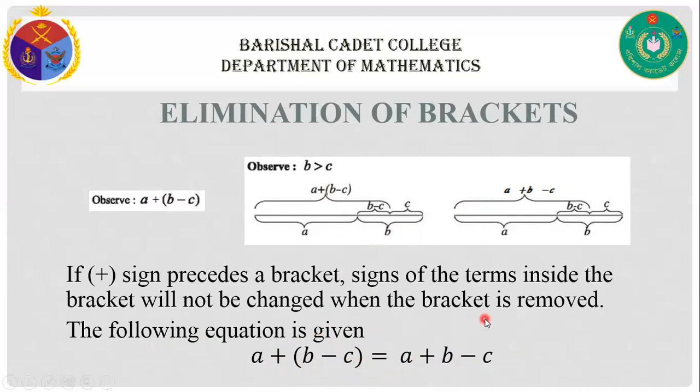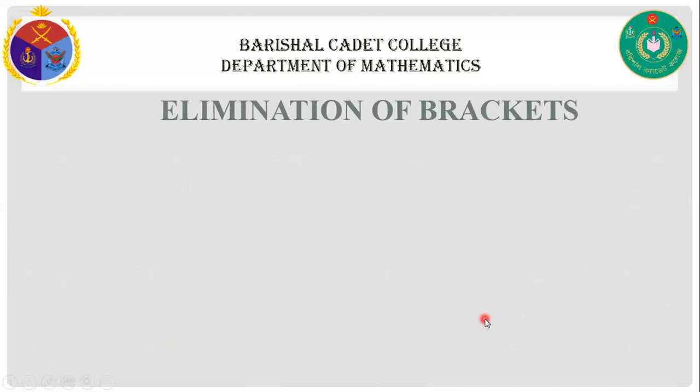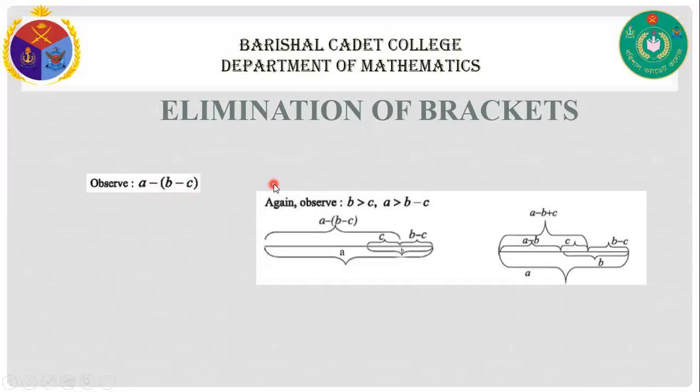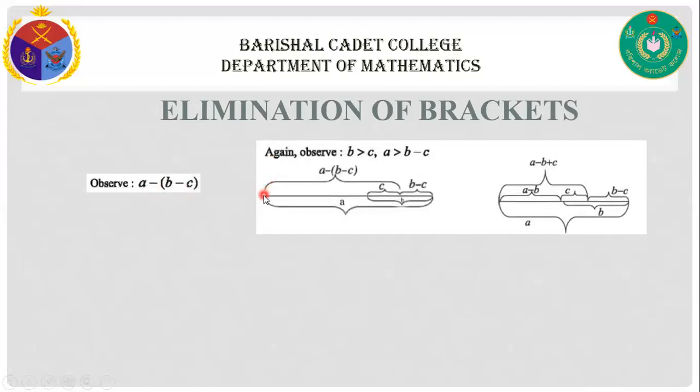And now elimination of bracket for a negative sign before the first bracket: a minus first bracket b minus c. Again, from another picture, a is this total part, and we observe that b is greater than c, so b minus c is positive, and a is greater than b minus c, so a minus b minus c is also positive.